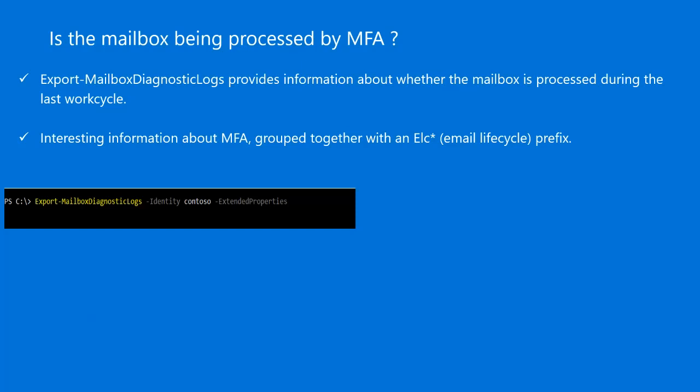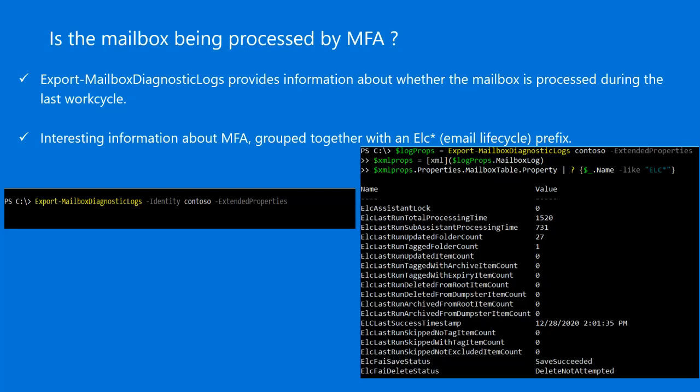This XML will be huge. If you want to shorten it down, you can use these PowerShell cmdlets, which will give you the attributes MFA is actually trying to work on and what actions were taken the last time MFA tried to process a specific mailbox. I've included these attributes in the slides coming later just to give you a gist of what this is going to do.